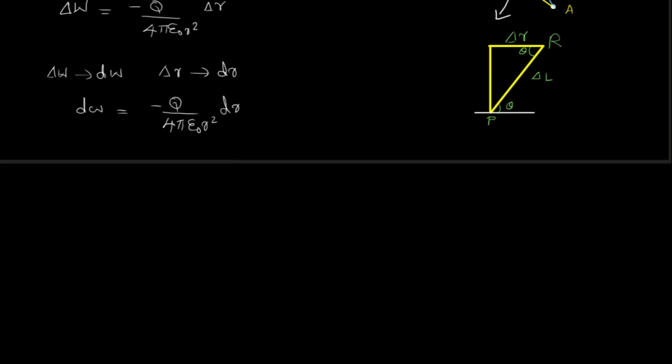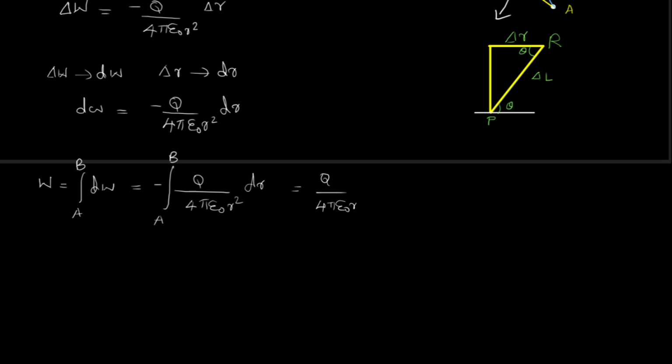I'll integrate this to get the total work done in moving from A to B. So W can be calculated as the integral of dW from A to B. Q and 4 pi epsilon are all constant, so I take Q by 4 pi epsilon outside, write A to B, and integrate 1 by R square with respect to dr. I have a minus sign and 1 by R square, so I consider this as minus 1 by R square.